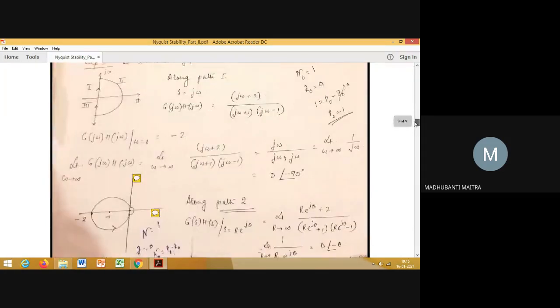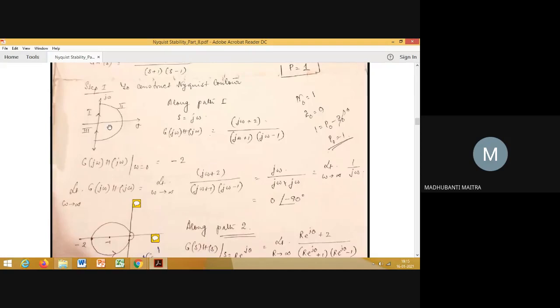Now for this particular system, can we take this contour to be a Nyquist contour? The poles of the G(s)H(s) should not lie on the boundary of the contour. Are the two poles lying on the boundary of this contour?